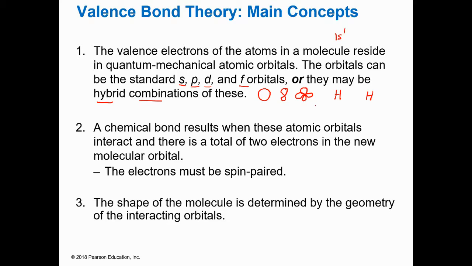So that means the one electron that hydrogen has is going to be in this spherical orbital. Okay, so here's the sphere, here's the other sphere. When these bond together, they're actually going to overlap.